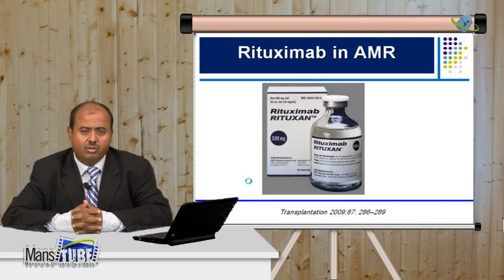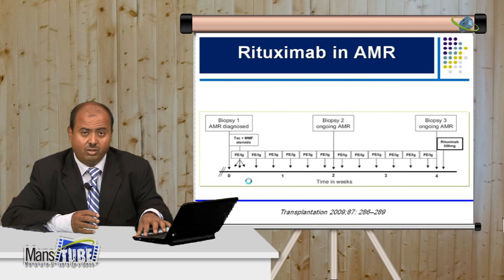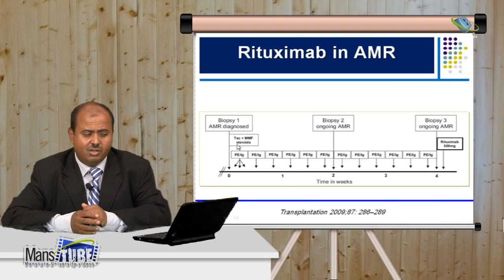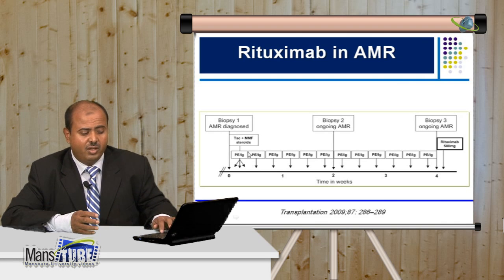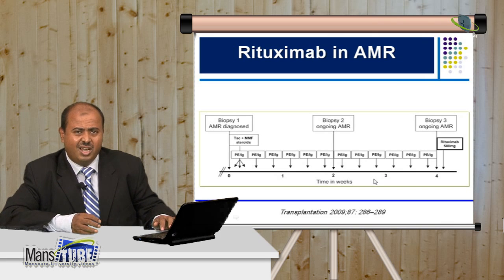One of the important drugs in this armamentarium is rituximab, which is an antibody against CD20. So it affects B cells, and this is the vial. So this is one of the cases. Here the diagnosis is confirmed as antibody mediated rejection. The patient is treated with the classic treatment, IVIG and plasma exchange.